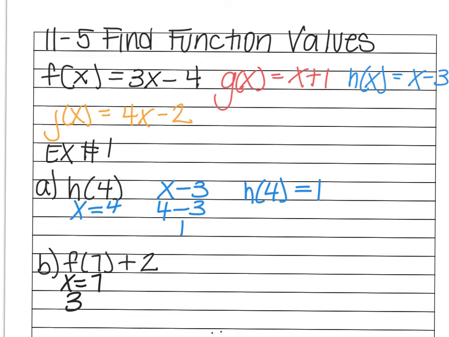And so we have 3x minus 4 is the f of 7 equation here. So we have 3 times 7 minus 4. 3 times 7 is 21.